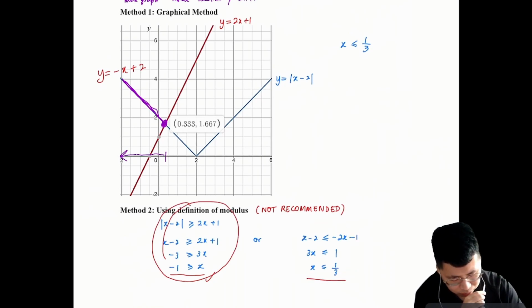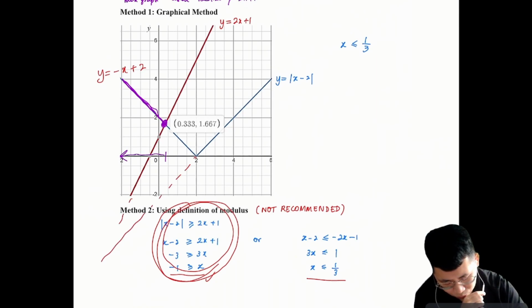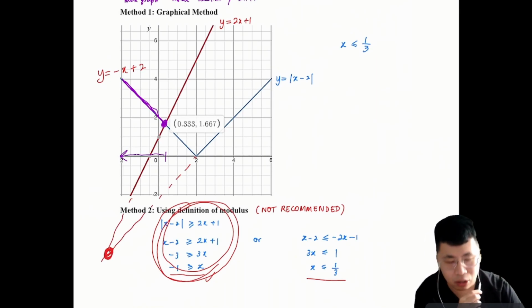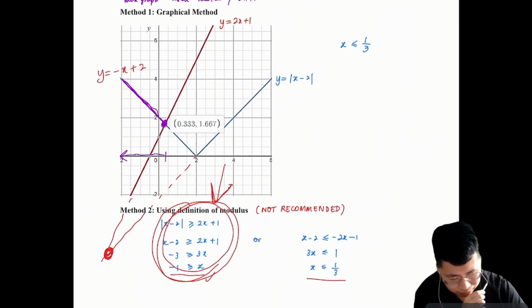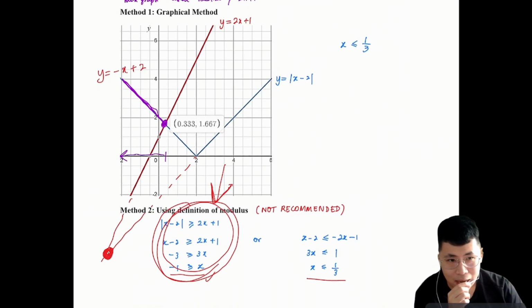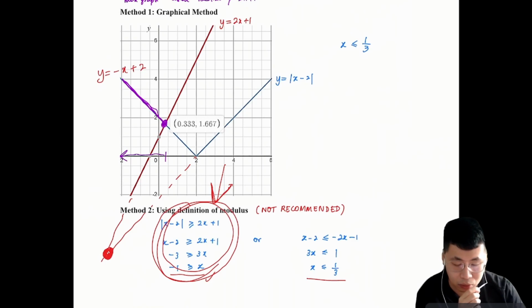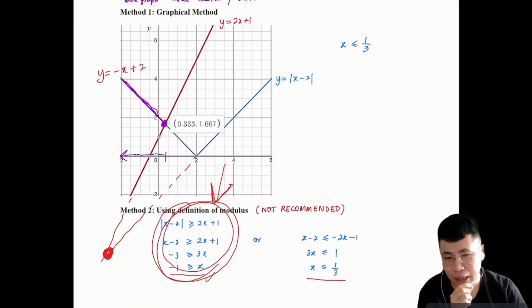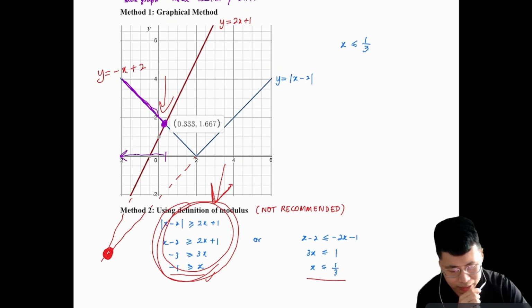However, this one will not hold, because technically speaking, the intersection is actually over there, but this intersection did not happen. For this particular inequality, it is the intersection between the red color line and this positive x minus 2 graph. And where did the intersection occur? It will occur over here. And obviously in this graph, when you do the modulus, it did not occur at that point, whereas it occurs only on this point.